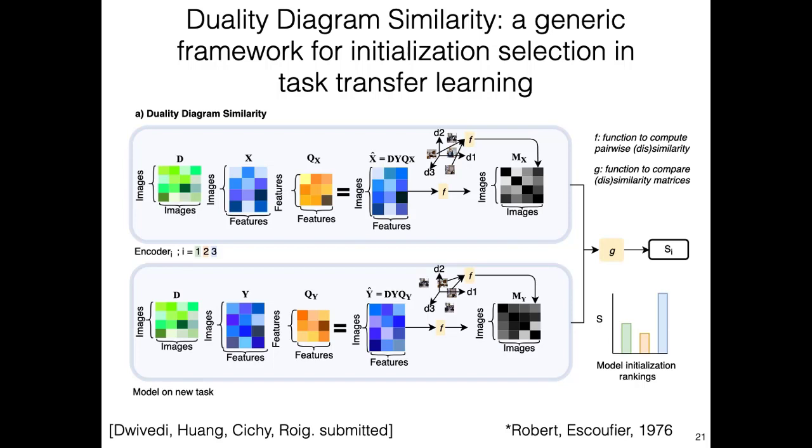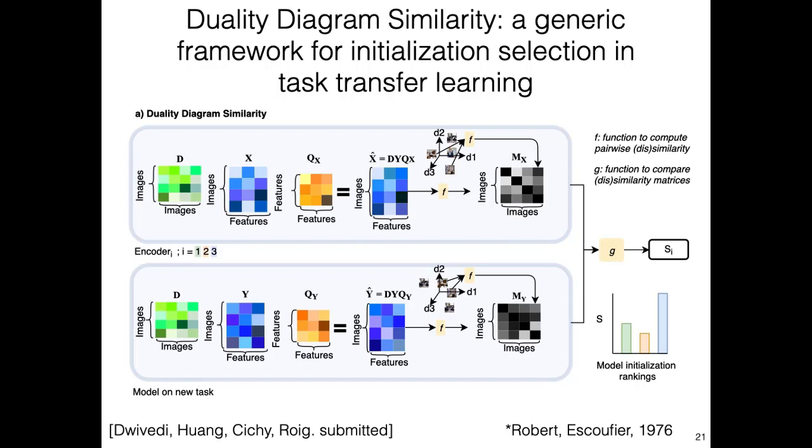So a duality diagram of a matrix X, or Y in the second row, is a triplet X, D, and Q, consisting of a matrix Q, which has a dimensionality of the number of features of the model. So it would be the number of feature outputs at a particular layer, for instance, that we choose. This matrix Q quantifies dependencies between the individual feature dimensions, and then the matrix D, which is number of images times number of images, assigns weights on the observations or the images.